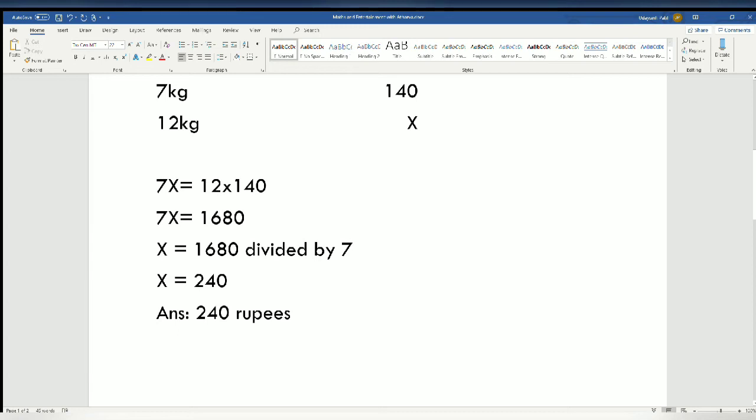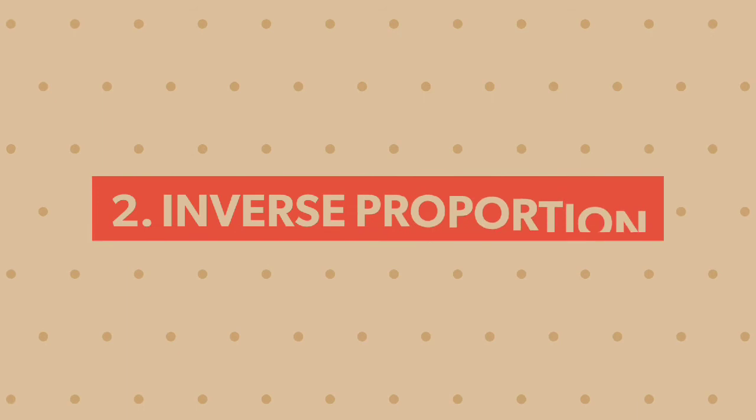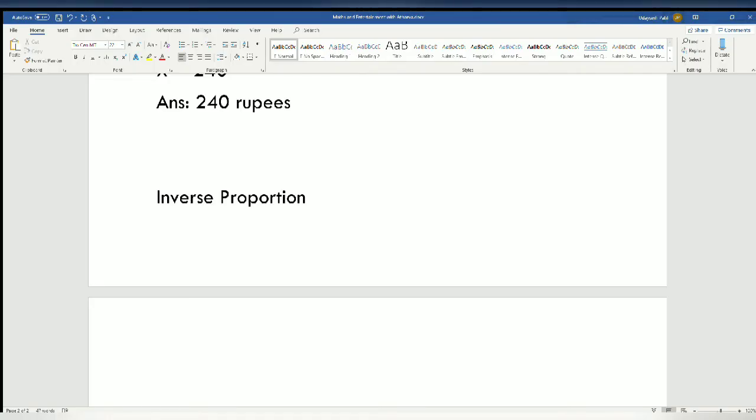So now we shall learn inverse proportion. Now let's take an example. Some volunteers have gathered to dig a secret hole 90 meters long for a secret plan.